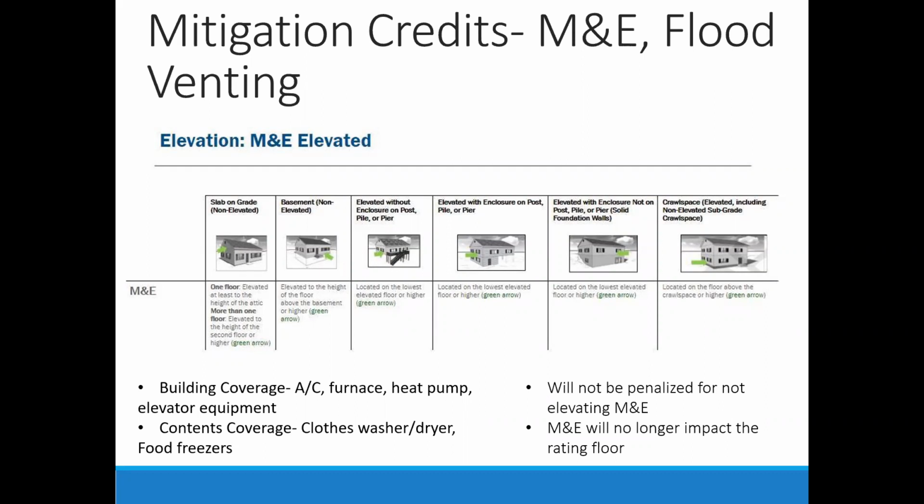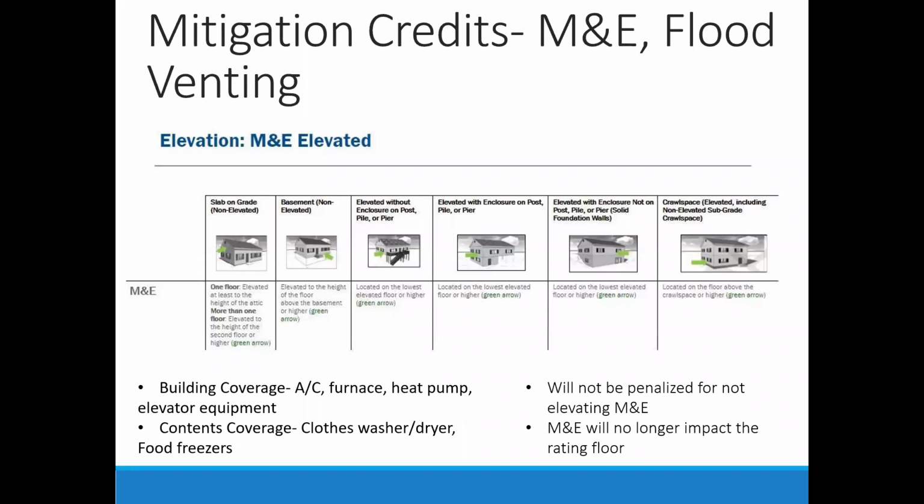It depends on the type of structure that you have, how high your utilities have to be elevated. If it's slab on grade, it has to be to the next floor or higher. If it's a 1-story building, that would be to the attic level or higher. Basement, it is elevated to the height of the floor above the basement or higher.